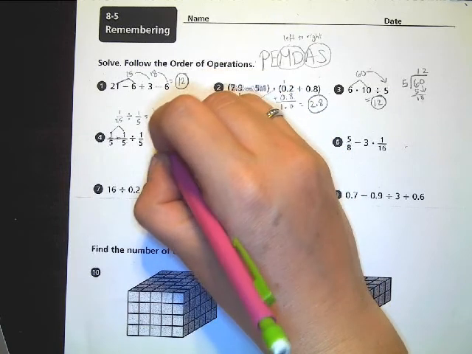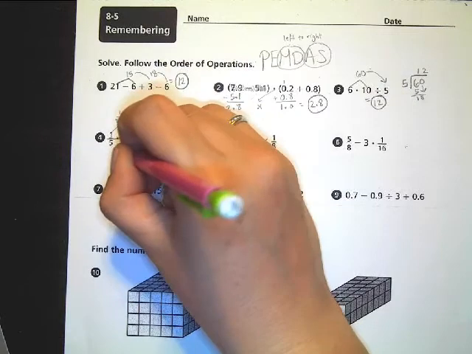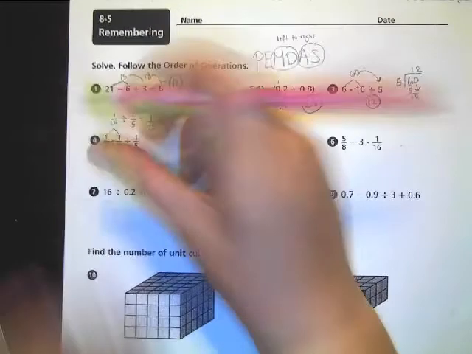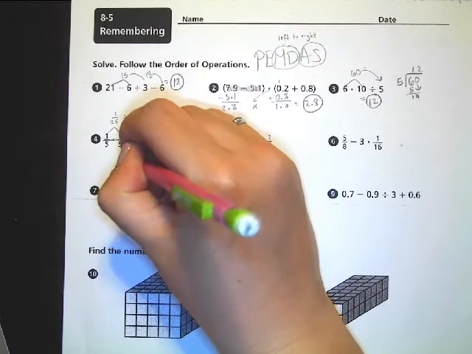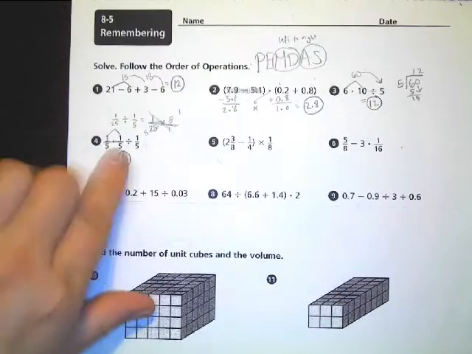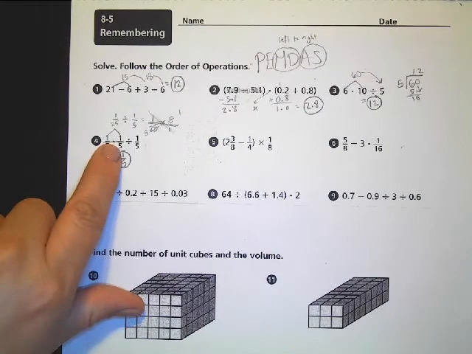They cross each other out. 5 and 25 can both be divided by 5. 5 divided by 5 is 1. 25 divided by 5 is 5. So I put it there. So my answer is 1/5. So I come close to where I'm at. That's so funny.